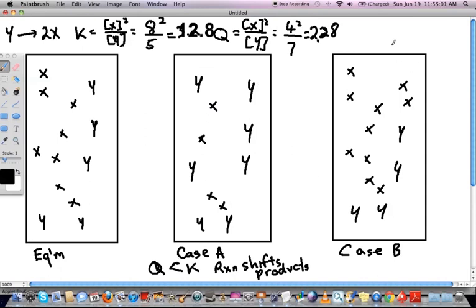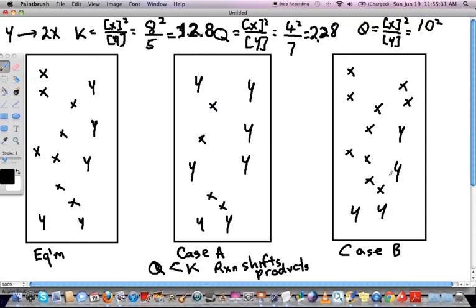Alright, let's look at this situation here. Again, we've got our Q value. It's going to be X squared over Y. And we're looking at, now let's see, there's 1, 2, 3, 4, 5, 6, 7, 8, there's 10 there, 10 squared.